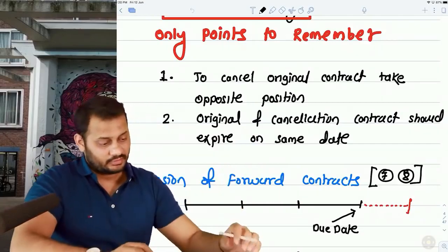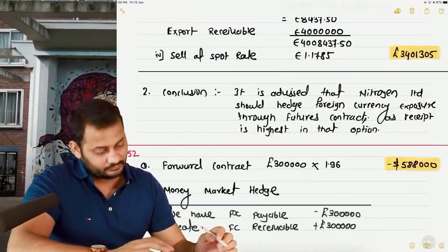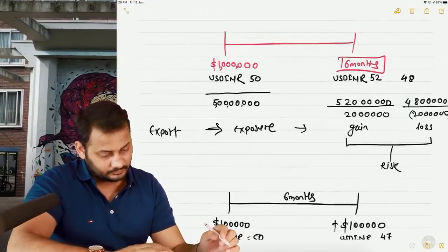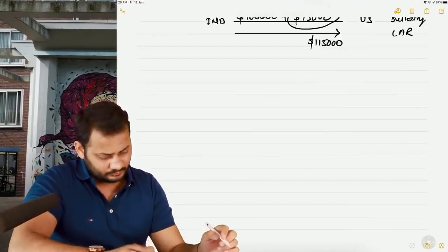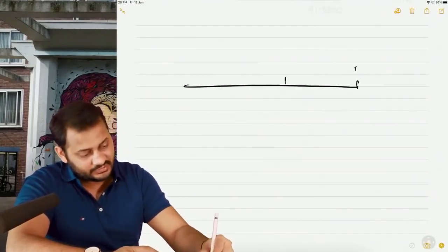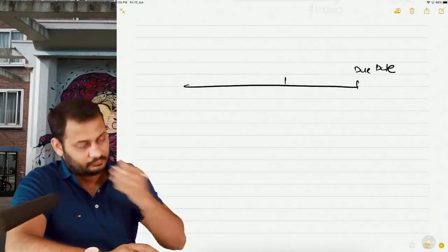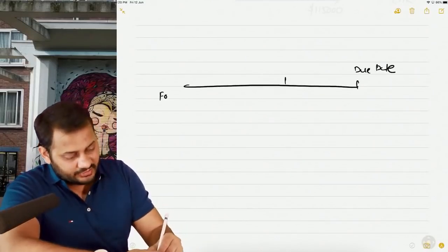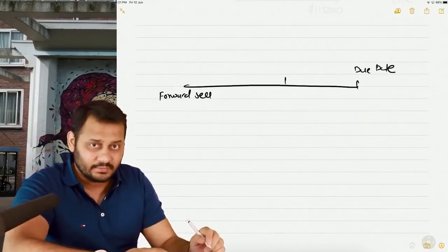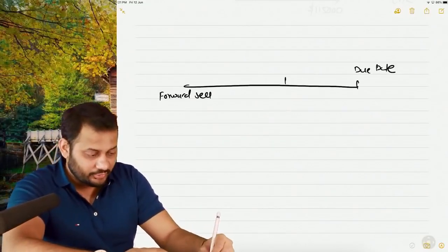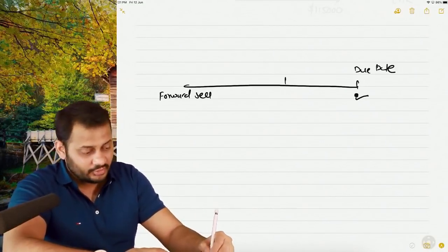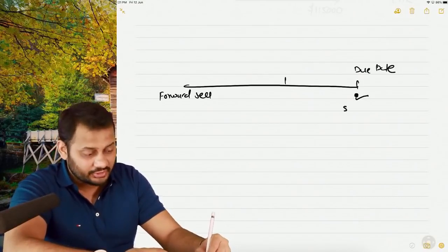So I'm taking some example. Let's say this is the timeline and this is the due date. The original contract is forward sell, and you want to cancel on the due date. This contract is expiring today itself, so the new cancellation contract should also expire today.